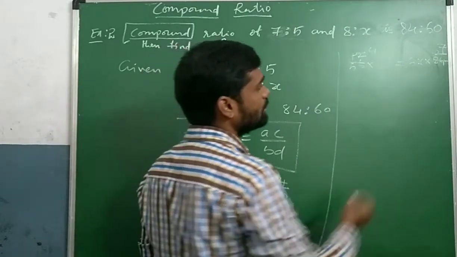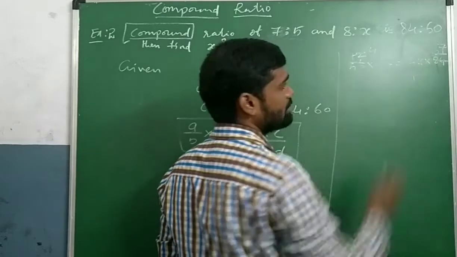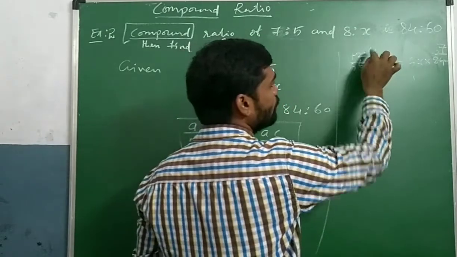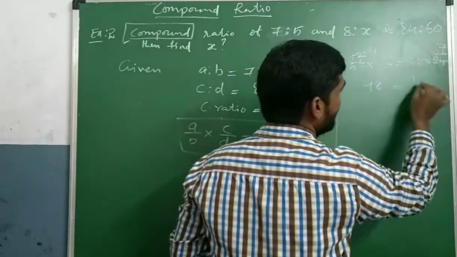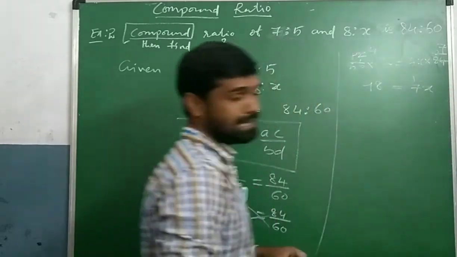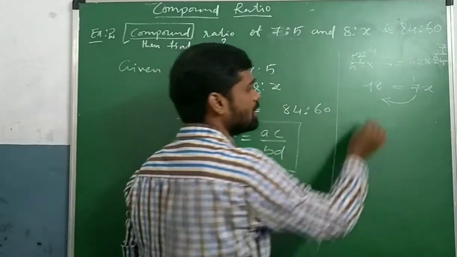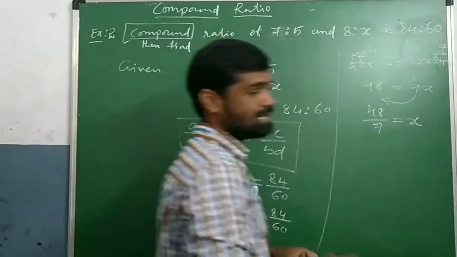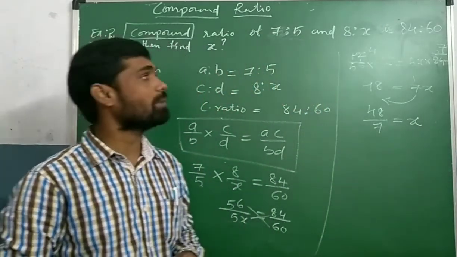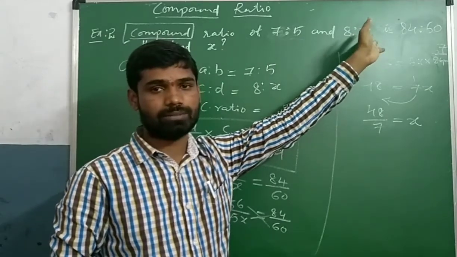Next, with the 5 table, what we got here is 12 4s are 48 is equal to x into 7, therefore 7x. Now we want the x value, so transpose the 7 to the LHS, so that 48 by 7 is equal to x. So this is the method of finding the value when any question mark is given in the ratios.